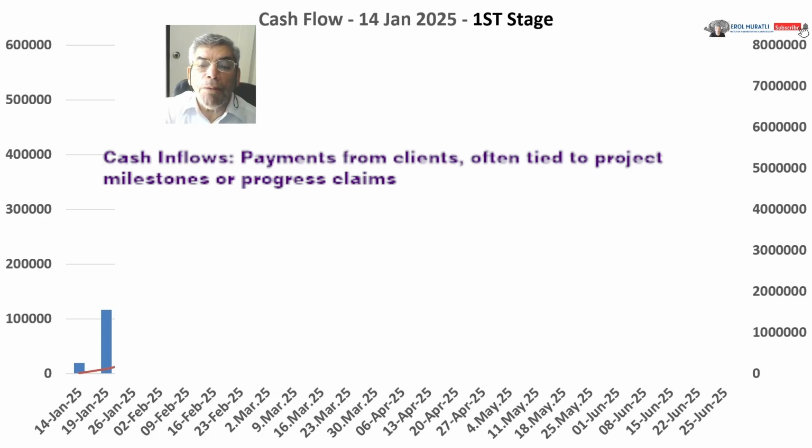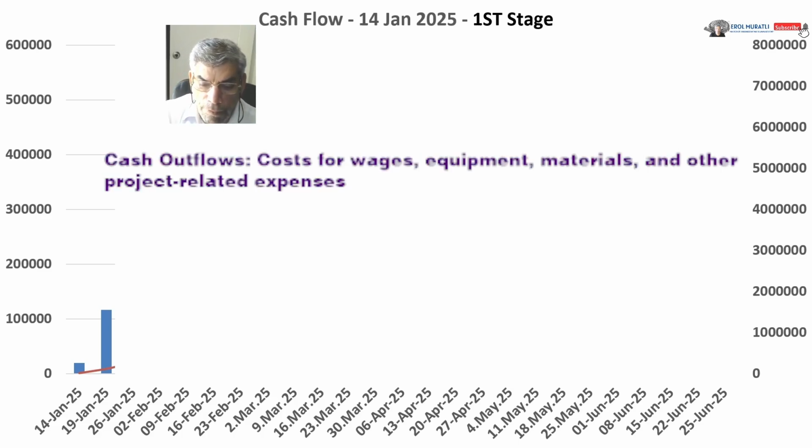Cash inflows are payments from clients, often tied to project milestones or progress claims. Cash outflows are costs for labor, equipment, materials, and other project-related expenses.